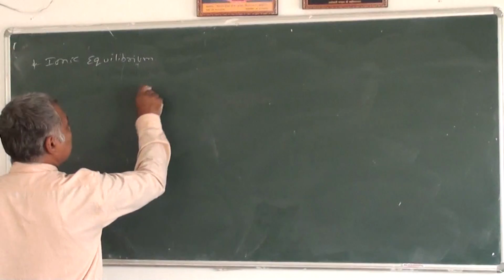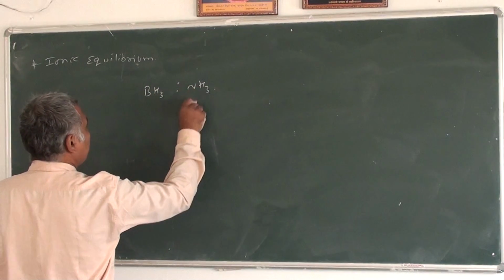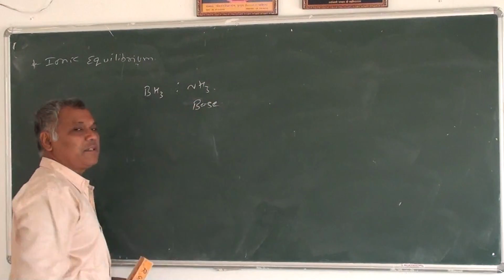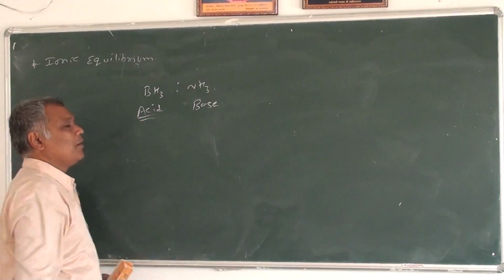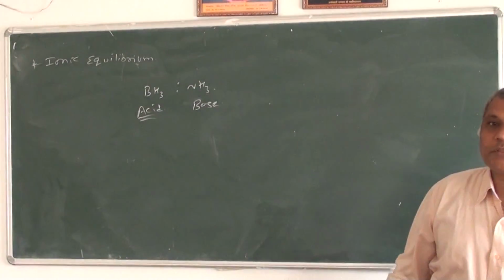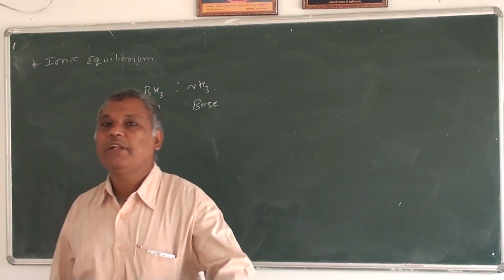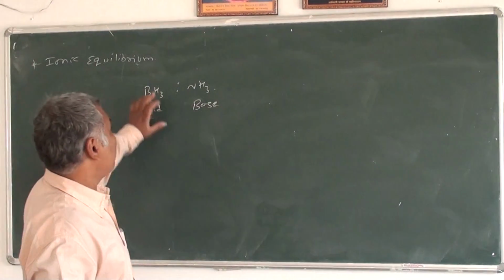Similarly, BF3, NH3. NH3 was considered to be a base. We already proved that it's a base. But I am going to prove it now. This is an acid. Right? Is it going to donate H plus? No. BF3 is not going to donate H plus. It's already there with a deficiency of electrons. Right? So at that time what happened?